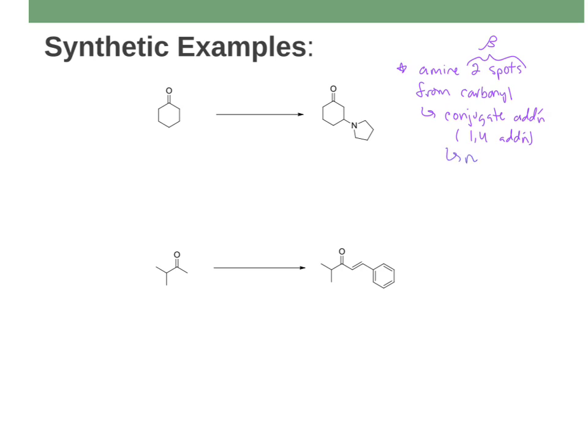So maybe I need an alpha-beta unsaturated system. Which means I need to make an alkene. I need to make an alkene. And I know how to do that. I know how to make alkenes from E2 reactions.